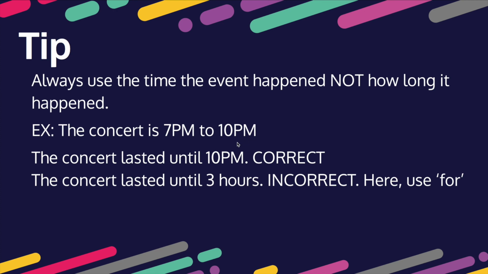The concert lasted until 10 p.m. This is correct, not the concert lasted until 3 hours. For all 3 of these, since, by, and until, you always give the specific time, not how long the event happened. If you're talking about how long something happened, you should use for.